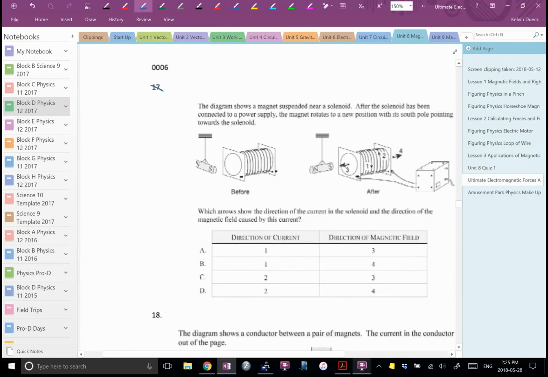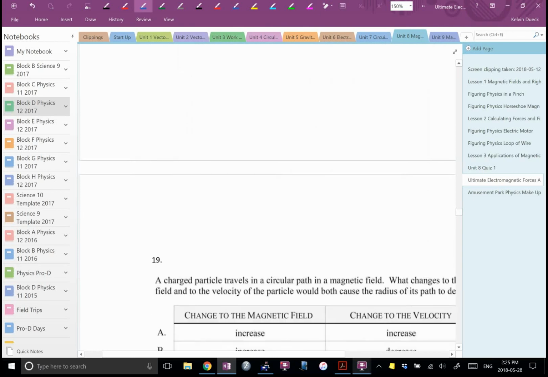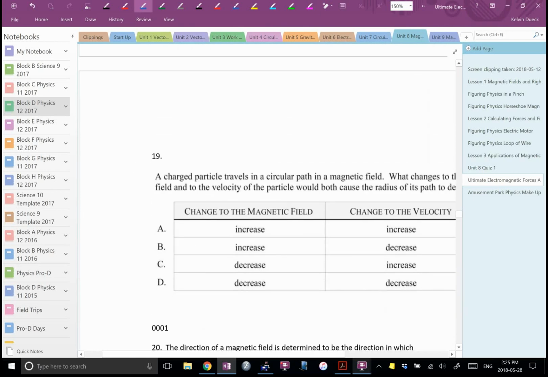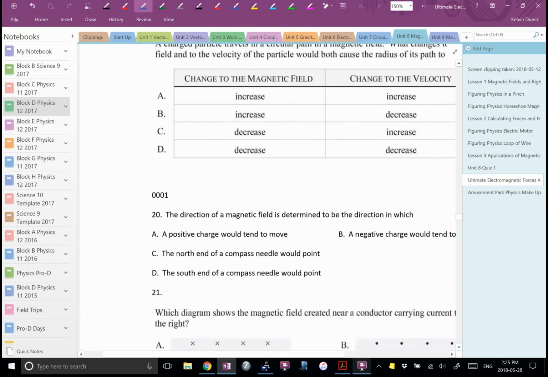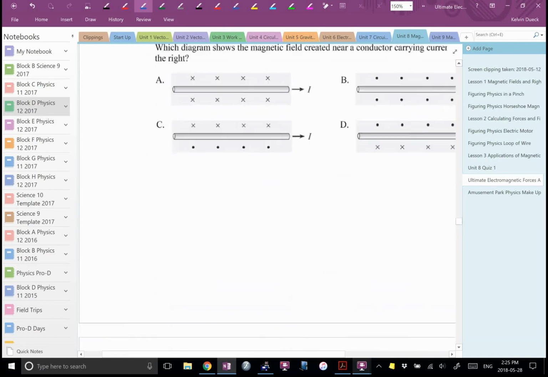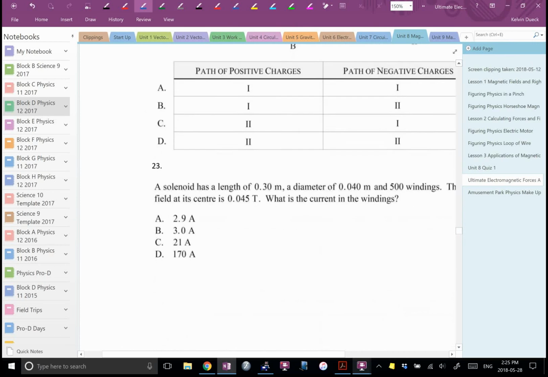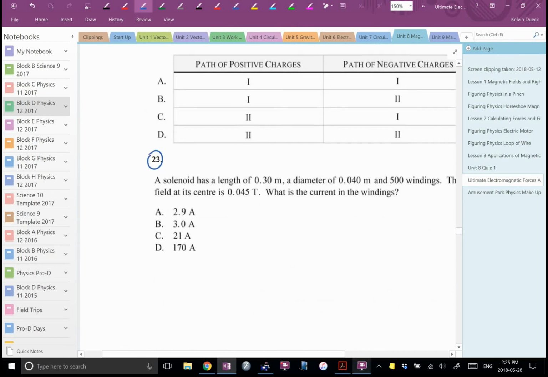You can cross out 17. 18 is good. Lots of right-hand rule questions. 19 is good. 20 is good. 21 is good. 22 is good. 23.